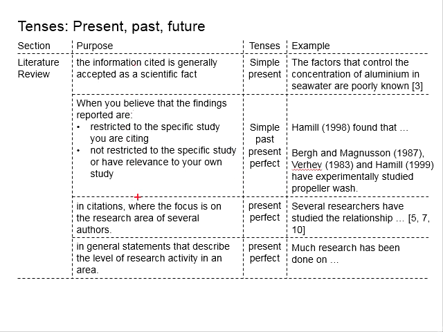In citations, where the focus is on the research area or several authors, present perfect tense may be used. For example, several researchers have studied the relationship or something, which at the end of the sentence there will be a list of the citations, giving you information on the relevant studies that the sentence is referring to.